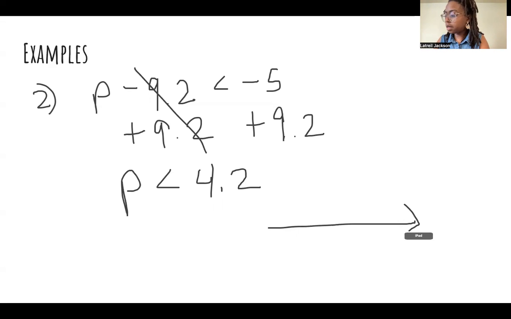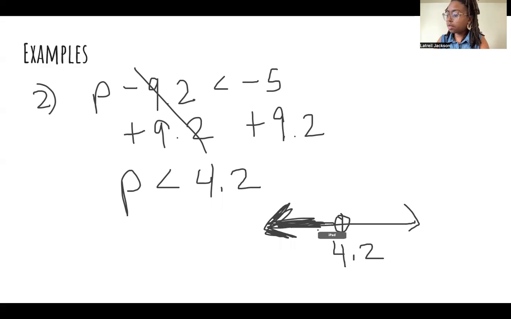We put it on a number line. What kind of dot are we using? We are using an open dot because the inequality symbol says less than, not less than or equal to. So open dot, we shade in what direction? p is less than 4.2, so we shade in the left direction.